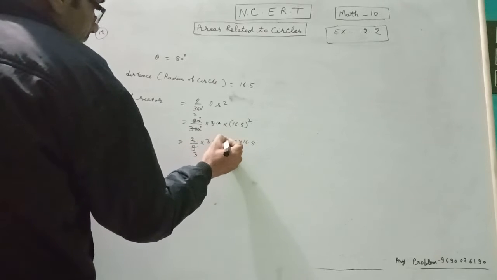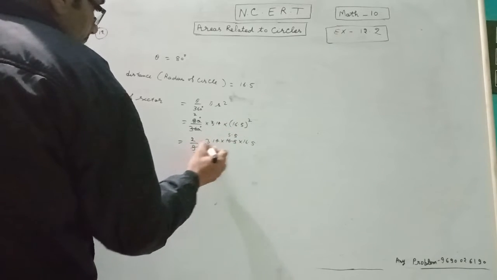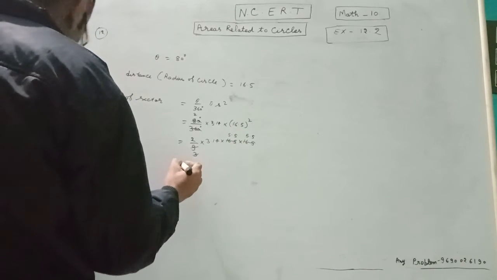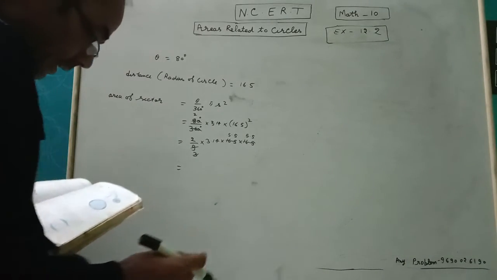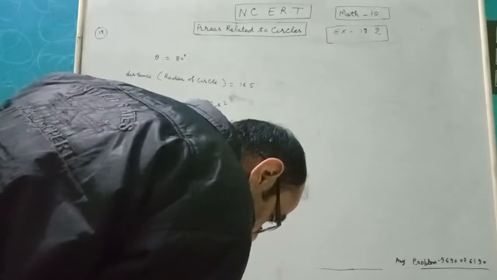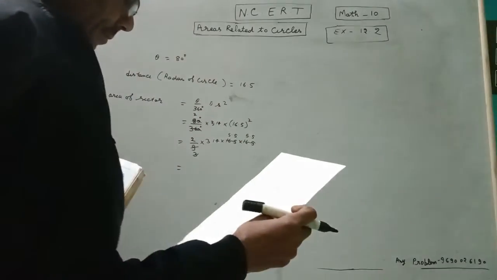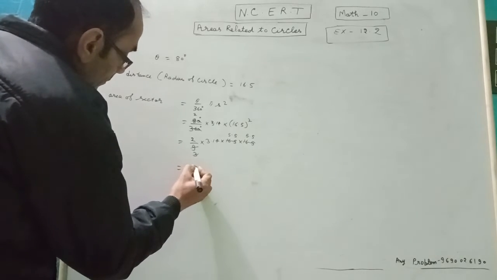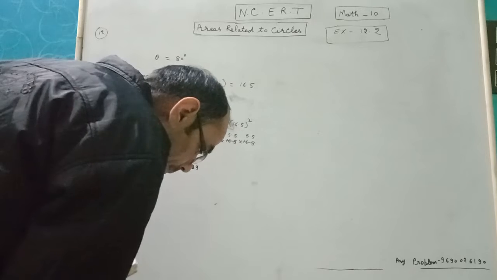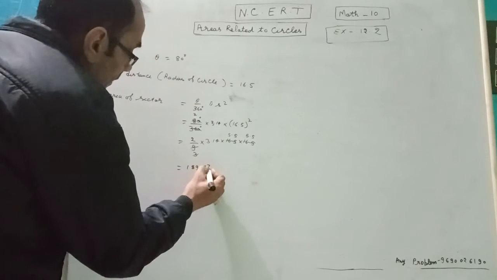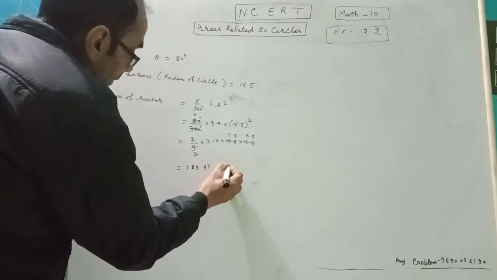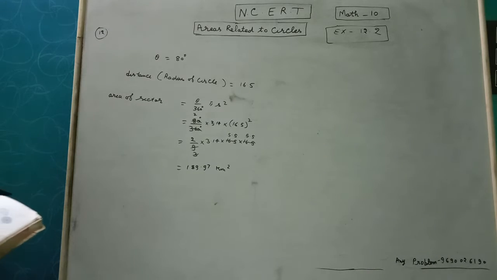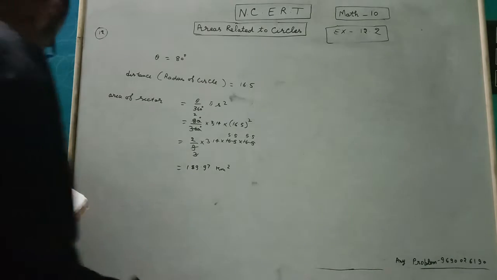After multiplying, it will be 189.97 km square, the area asked in the given question. Question number 12 is complete.